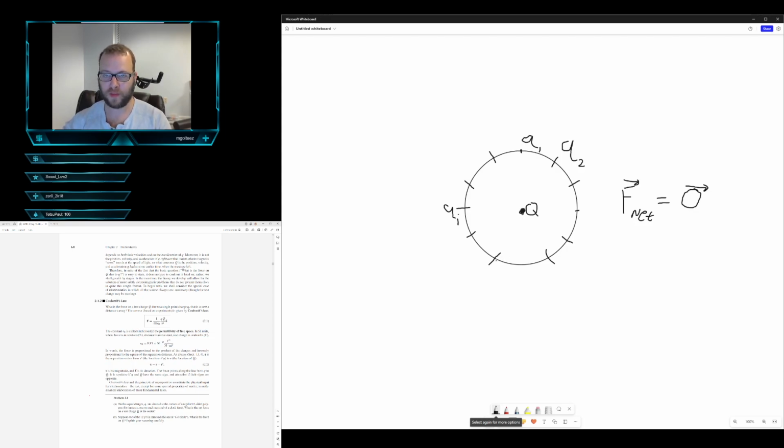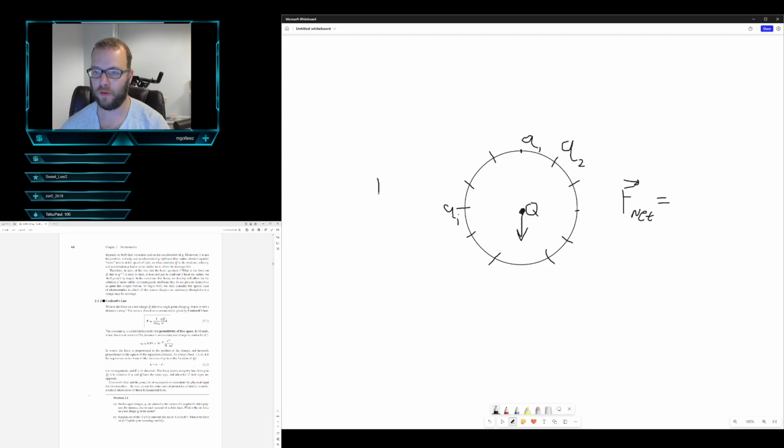Now, like we said before, all of these 10 charges are going to have an equal and opposite pull, equal and opposite push on Q. So there is going to be no net force due to any of these charges. But there is going to be a net force in this direction.